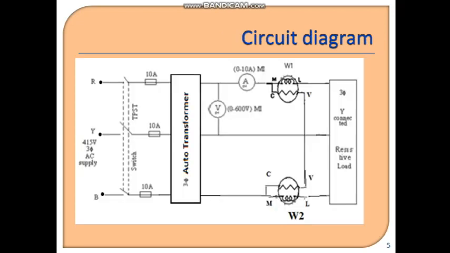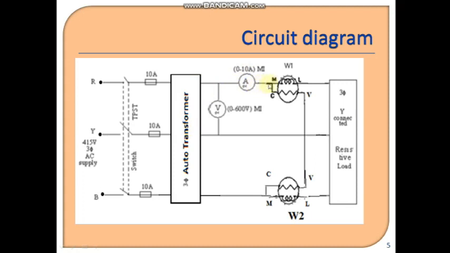Observe the circuit diagram. R phase, Y phase, B phase, the three-phase connection is given to the three-phase auto transformer input. The output of the auto transformer is connected to the ammeter to measure the line current.